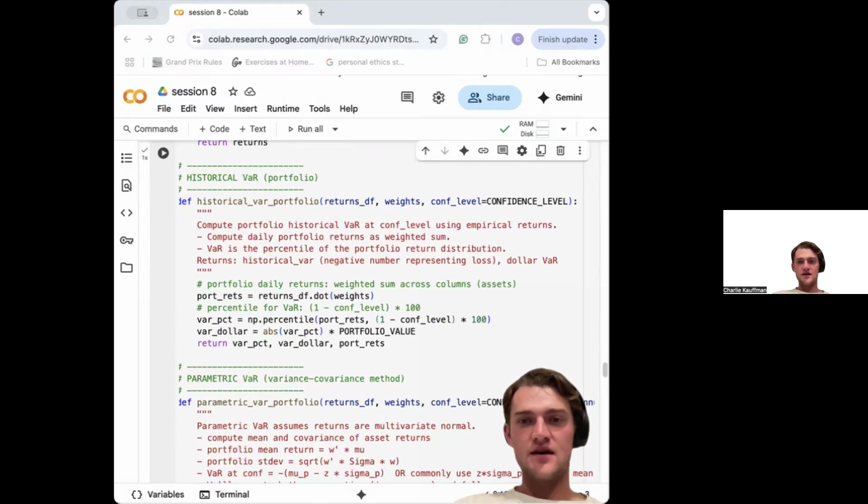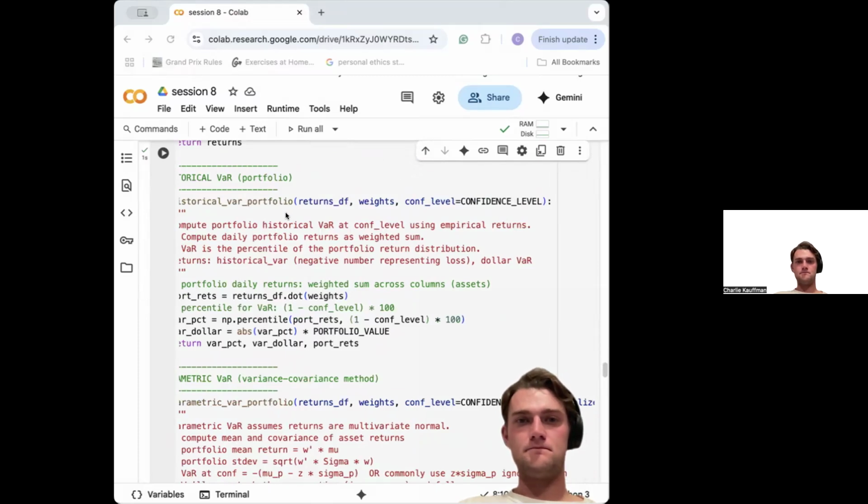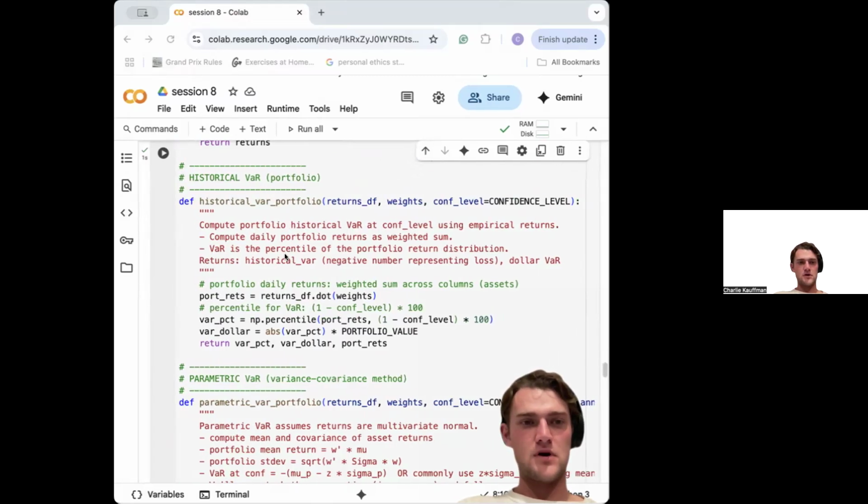And then in historical VaR, this computes portfolio returns. I'm sorry, this line right here and this line right here.